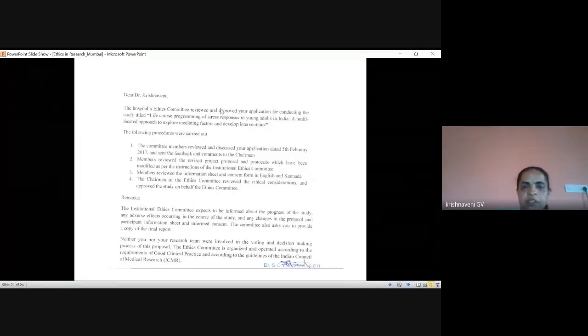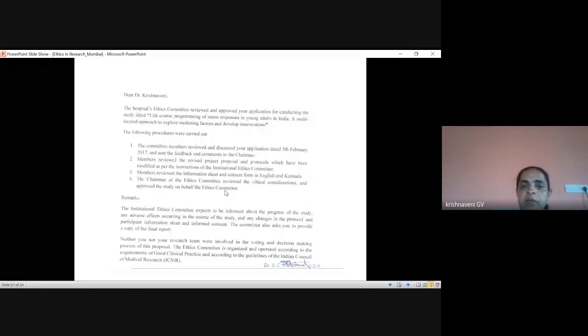It should say when the review committee met, whether in person or online, whether after reviewing they advised any revision of the proposal to the researcher, whether the researcher submitted information in the consent form and in what languages, and whether the ethics committee finally agrees to approve the study.